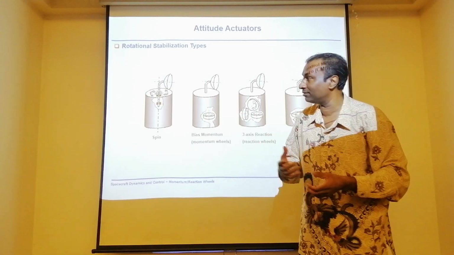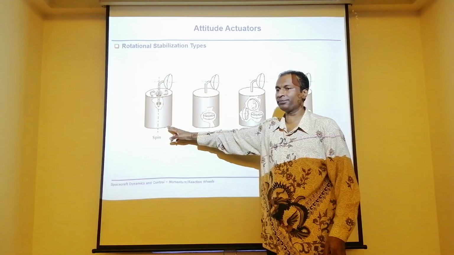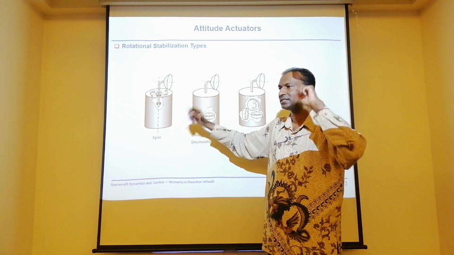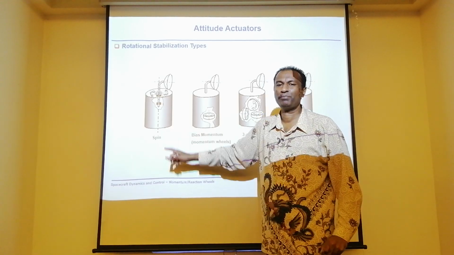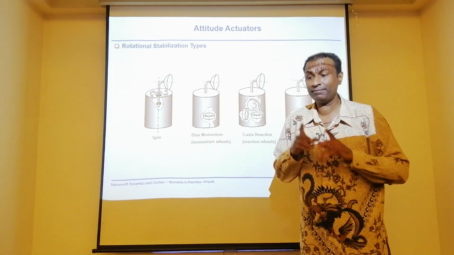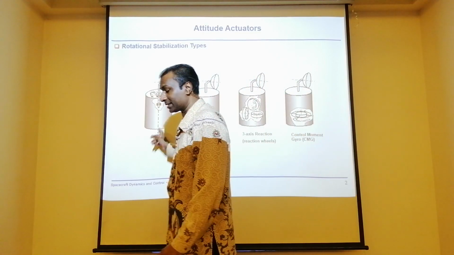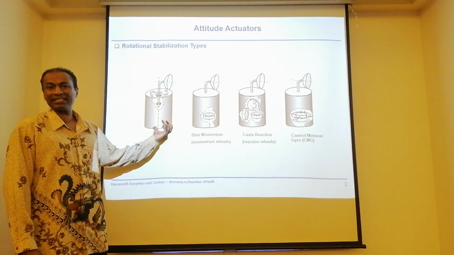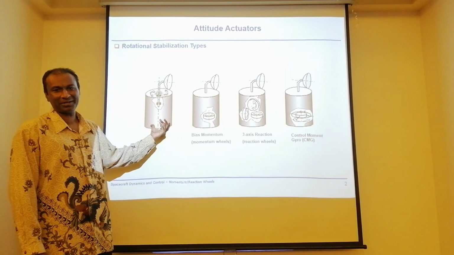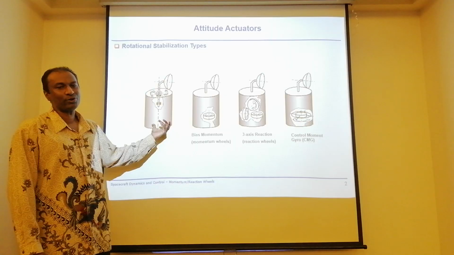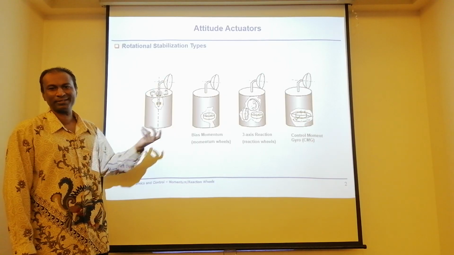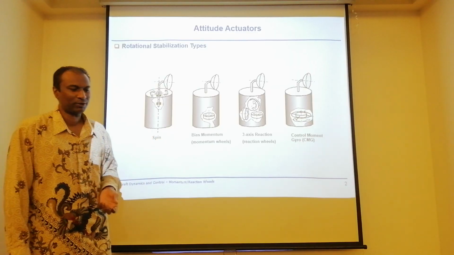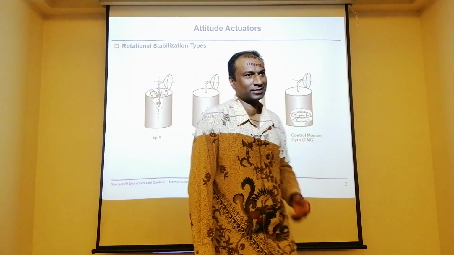So the first mode of rotational stabilization is through spin-stabilized types of satellite. More often than not, a spin-stabilized satellite will be cylindrical in volume. You won't have a cubical satellite which is spinning. No, you will have a cylindrical satellite because the spin will be constant. So please understand that.